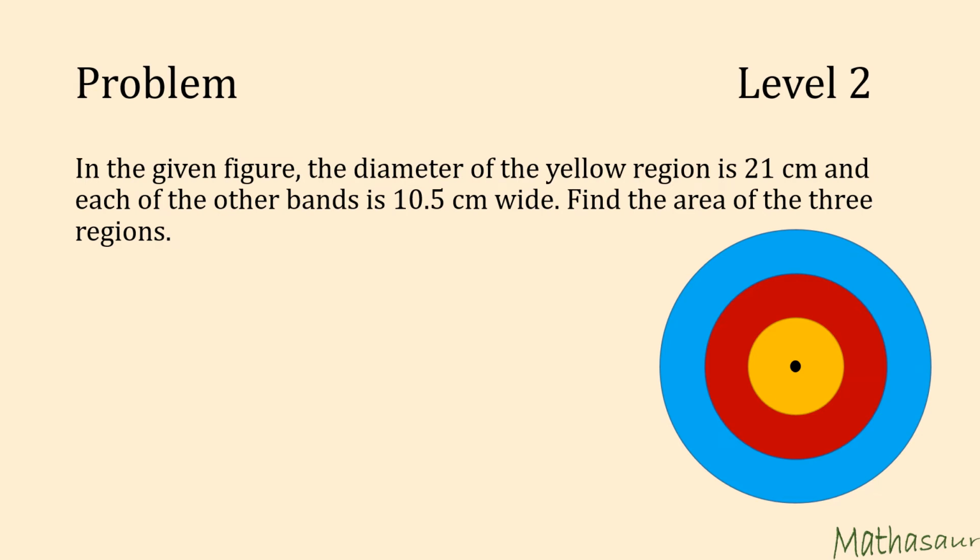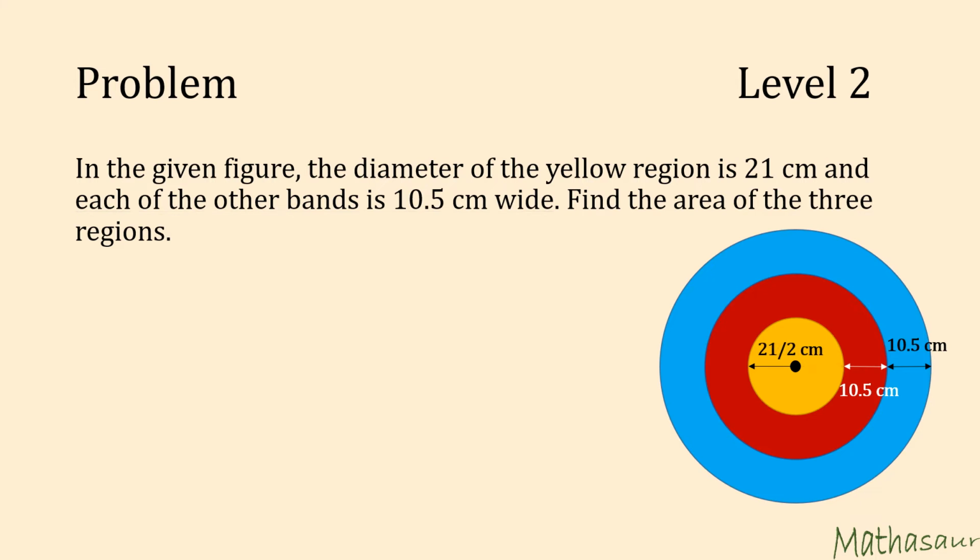Let us look at another problem. In the given figure, the diameter of the yellow region is 21 centimeters and each of the other bands is 10.5 centimeters wide. Find the area of the three regions. So the diameter of the yellow region is 21 centimeters and the red and blue bands are 10.5 centimeters wide.